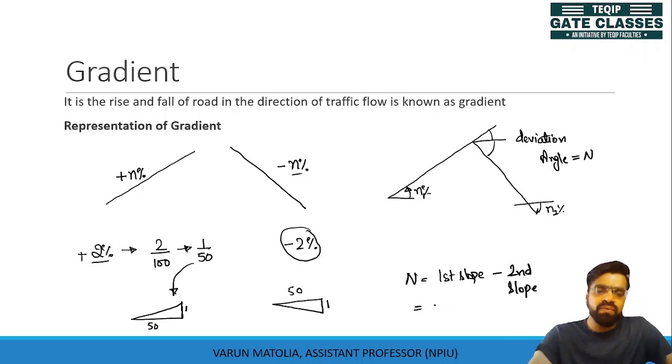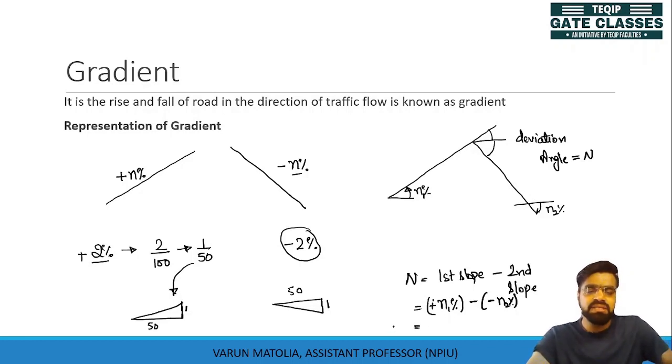For this scenario, we have first slope as plus n1% minus, we have second slope as minus n2%, because we are using negative sign for the downward gradient. So finally we can write this deviation angle as n1 gradient plus n2 gradient. This is the deviation angle.